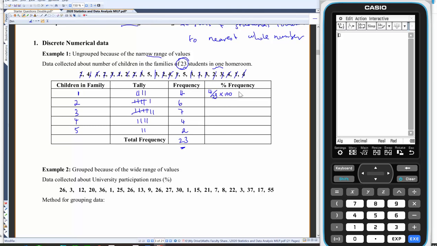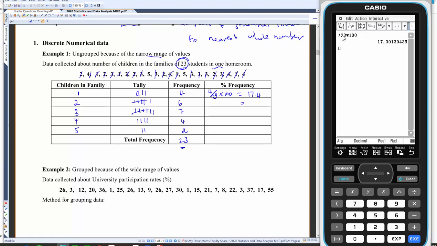And we're going to convert that to a percentage by multiplying by 100 and probably round that to a specified number of decimal places, even though this question doesn't say to do it. So we're going to go to, say, 1 decimal place. Now, again, the question should tell you how to round it.